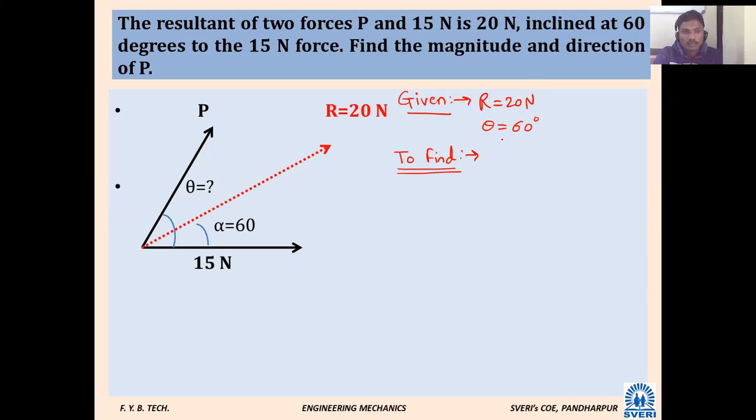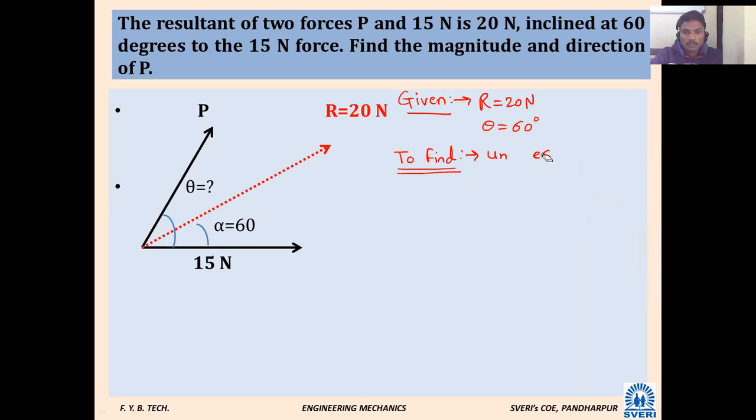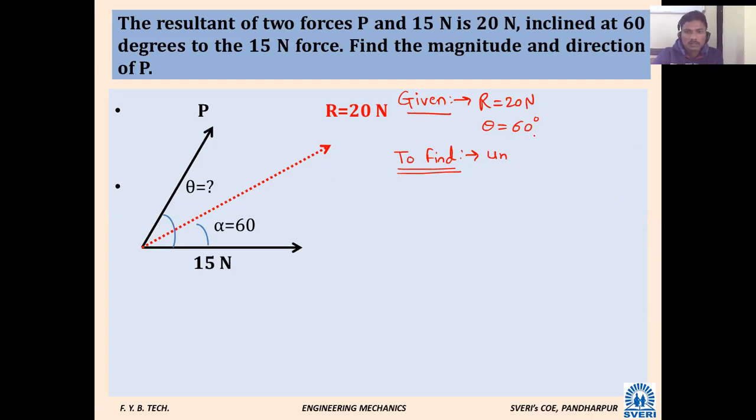My simple question: how many forces are there in this system? Once again, I will ask the same question. Only one? Two forces. Sir, there are two forces, 15 and... 20 Newton, no? Who wants to tell something?